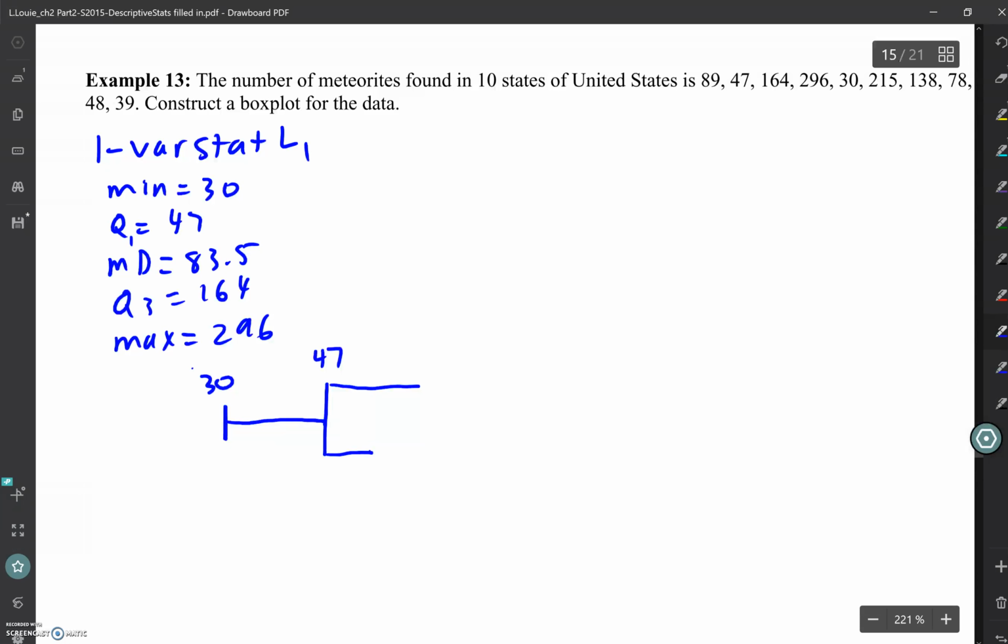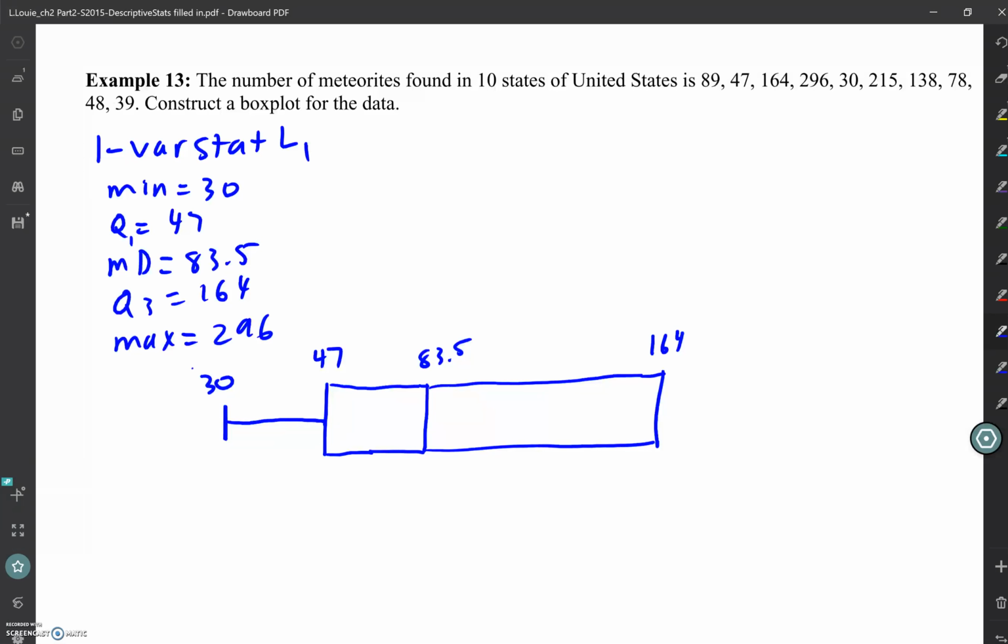So I'm going to start my box, and we're going to go to our 83.5. And then we're going to go to 164, which is where the end of my quartile 3 is. That's where my box ends.